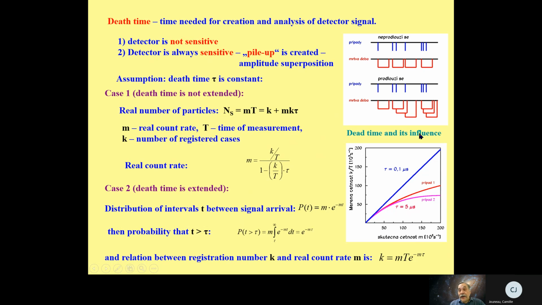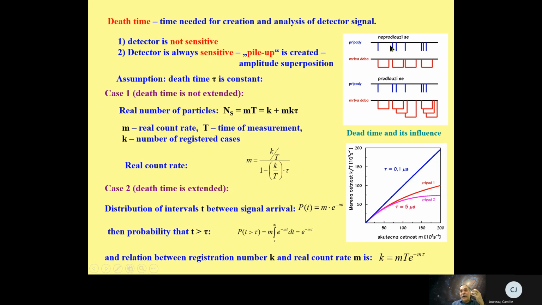For the second, it's clear that it is an even worse situation. And it is necessary to say that, okay, in the first case, the worst situation is that any time the detector will be blocked by that dead time.